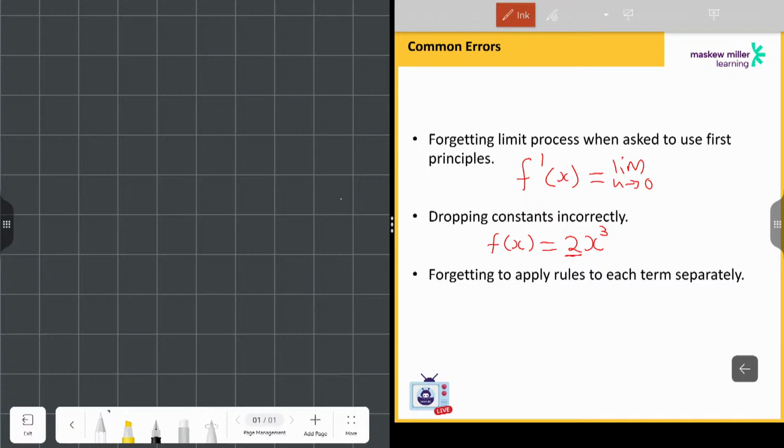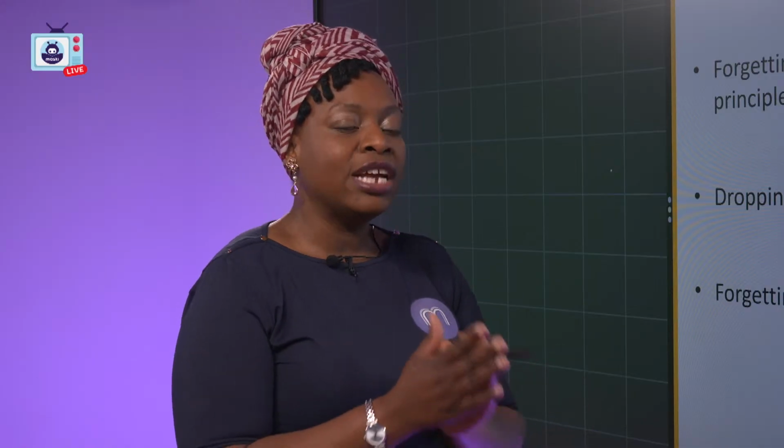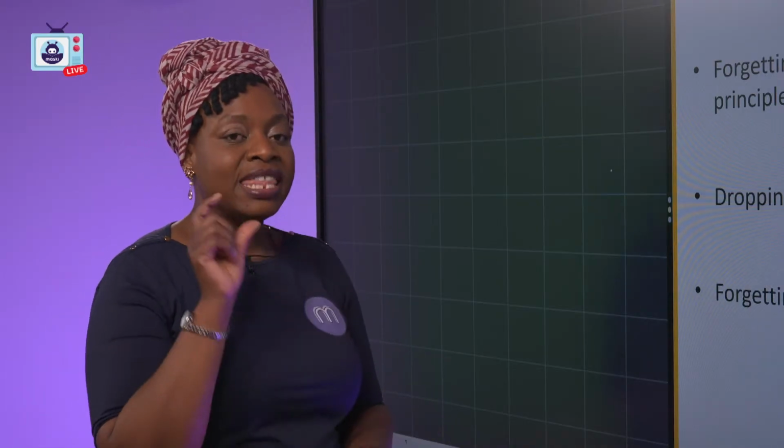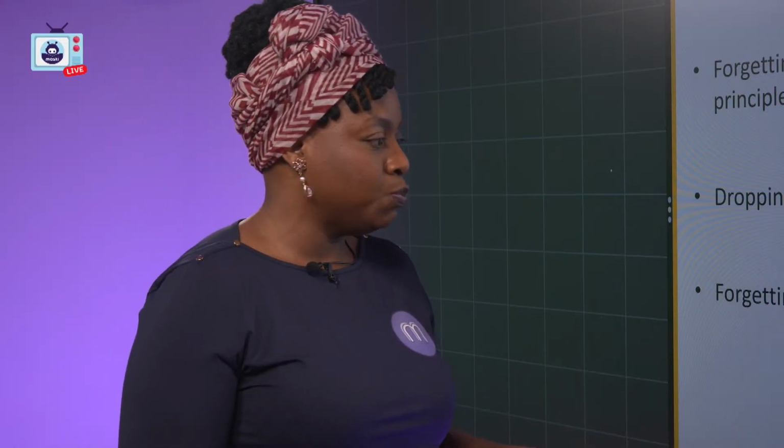Another example is if you are given f of x equals a half x. That half is a constant value. Please do not derive it. Leave it like that, because that is how it has to look. So please always try to separate the terms so that you can be able to talk to what you have to derive. Always derive the variable that is asked for as you respond.